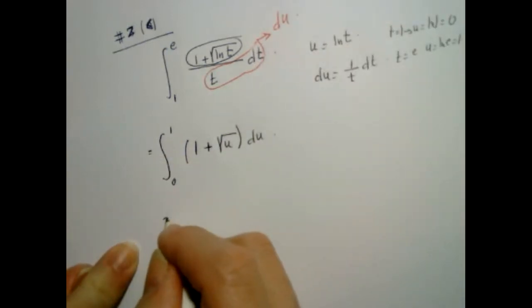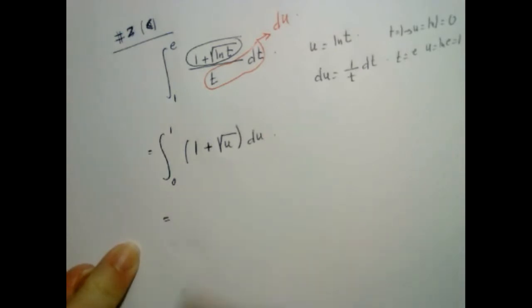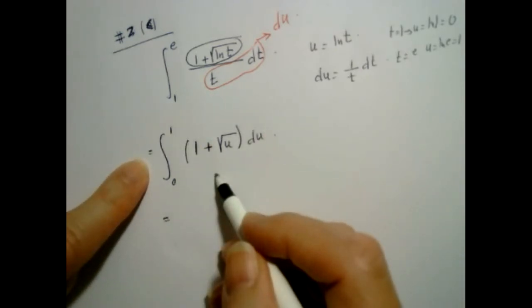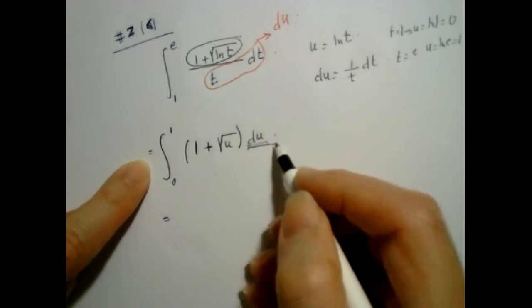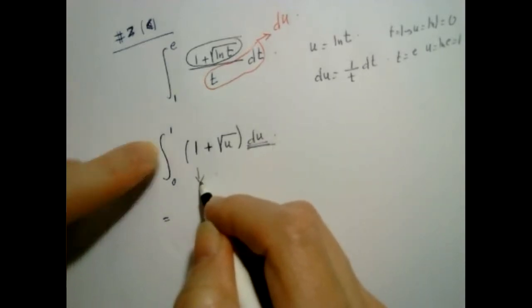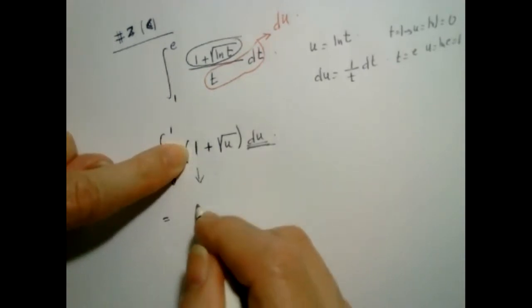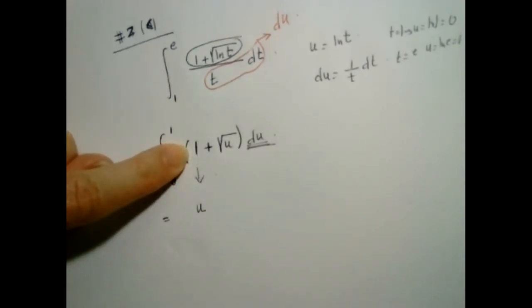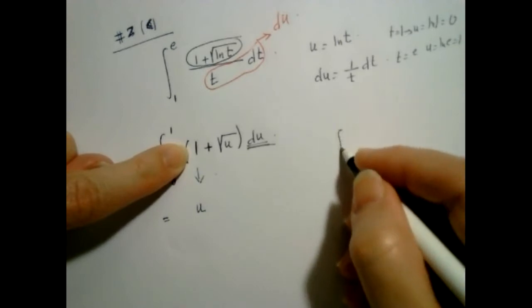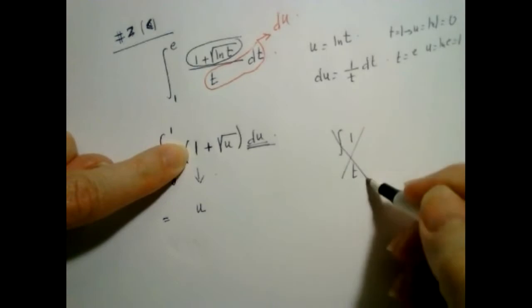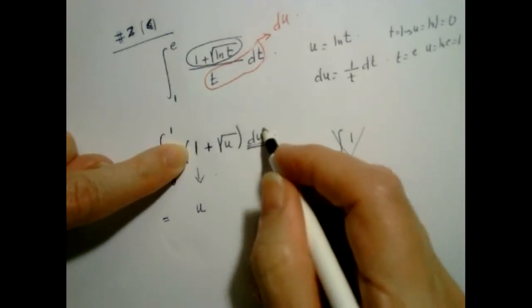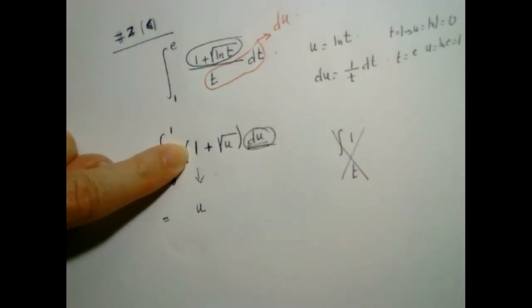Now, the other mistake you made was the following. This is a new integral in u. The variable is u. So when you're finding the antiderivative, 1's antiderivative is u. Some of you, when you integrated 1, went back to t. And that's really wrong because u is your new variable now.